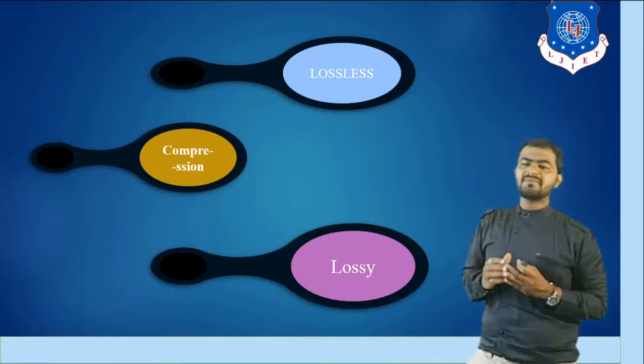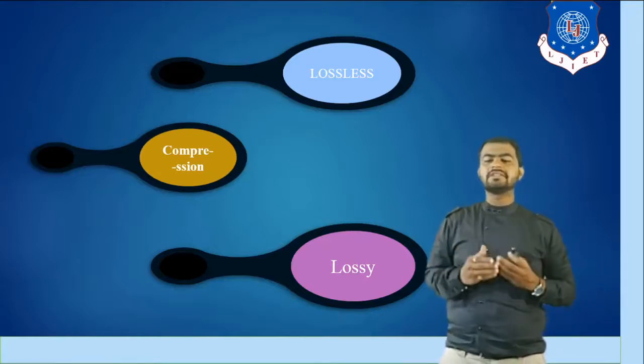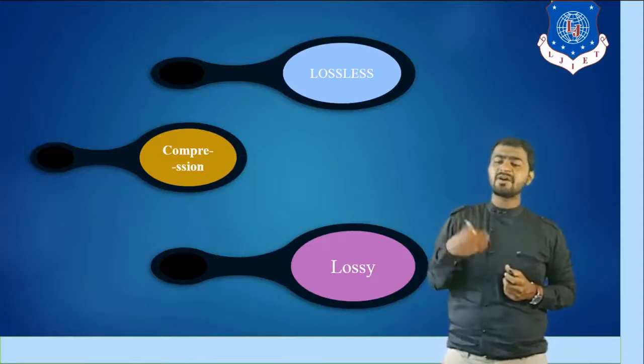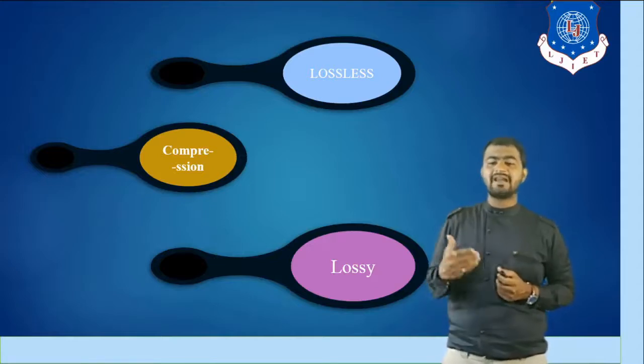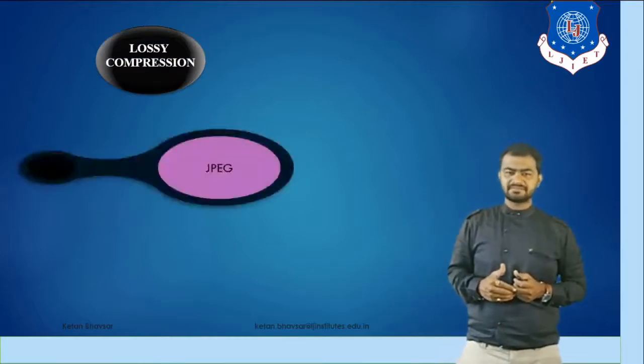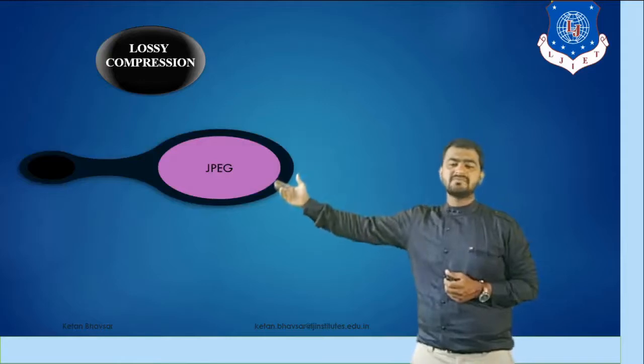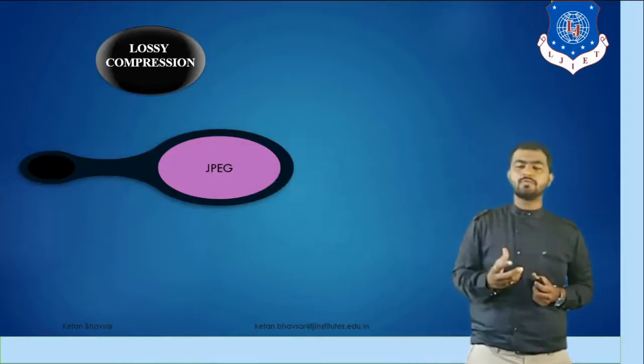When we work on image processing based concepts, ultimately we have to work with these two types of techniques, and there are a number of techniques inside lossy and lossless. For lossy compression, in our chapter we have to focus on JPEG, the Joint Photographic Experts Group based compression.